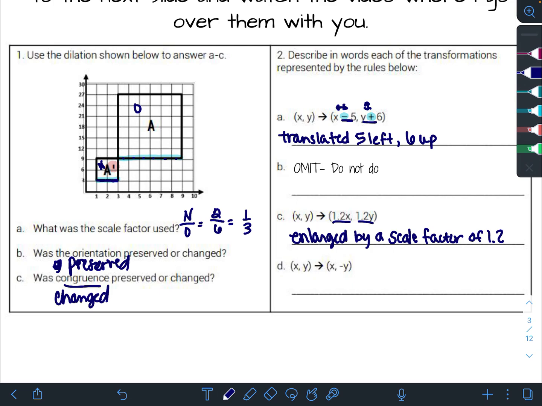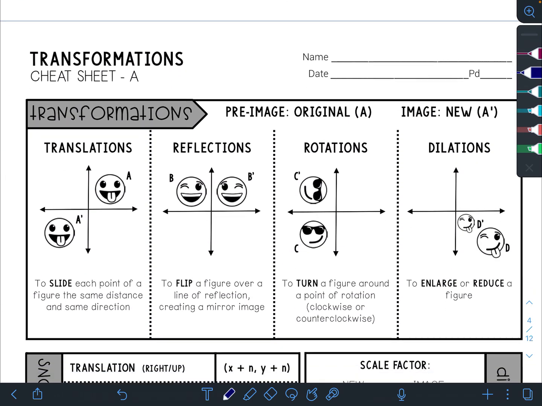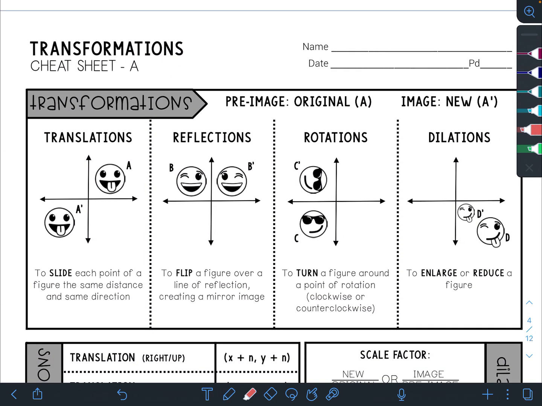And then anytime my x and my y stay in the same spot, but I take the opposite of one of them, I know that it was a reflection, and the one that stays the same is the axis that I reflected over. So I know that this reflected over my x axis.